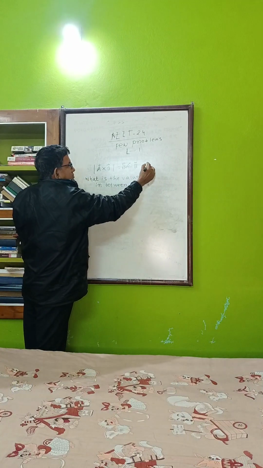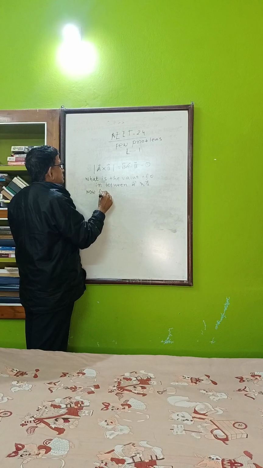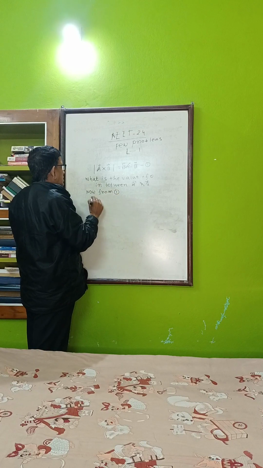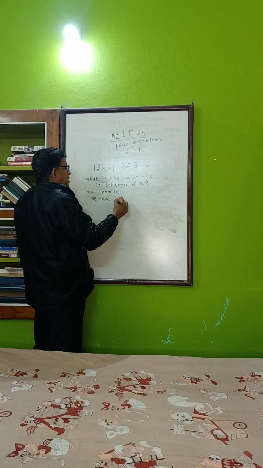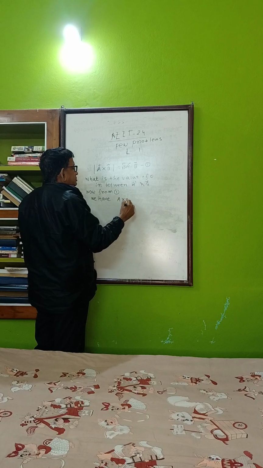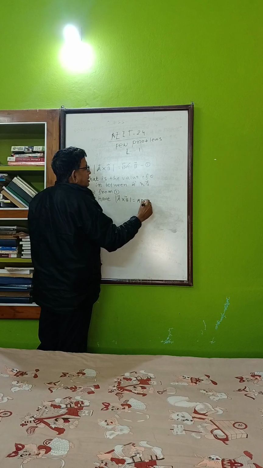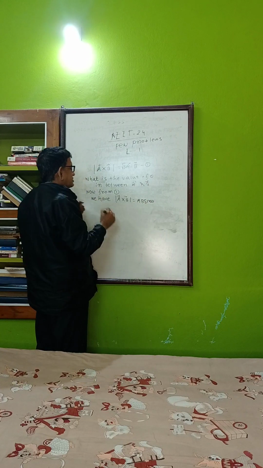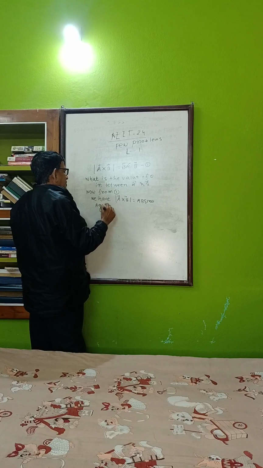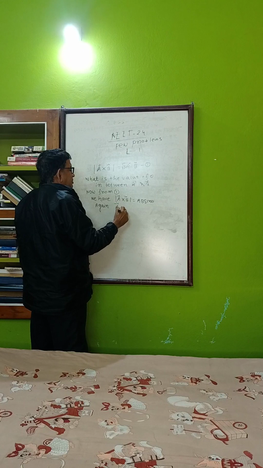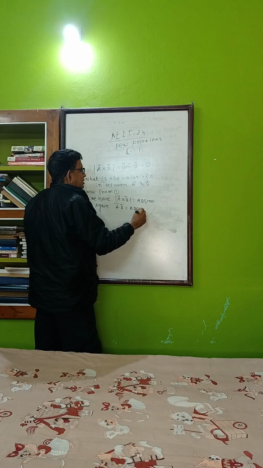Now from 1 we have, magnitude of A cross B means AB sin theta. You know that A cross B means AB sin theta. Again we have A dot B means AB cos theta.